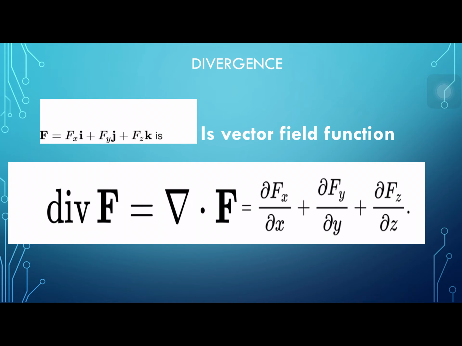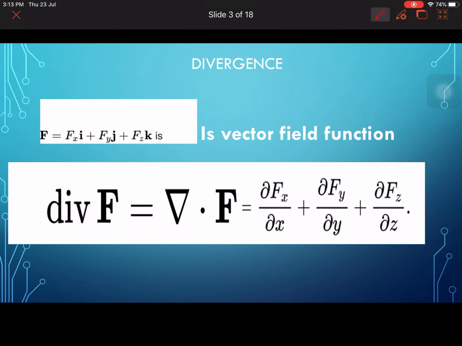Here i bar, j bar, k bar are nothing but the unit vectors along the x-axis, y-axis and z-axis, whereas fx is the component of f bar along the x-axis, fy is the component along the y-axis, and fz is the component along the z-axis.